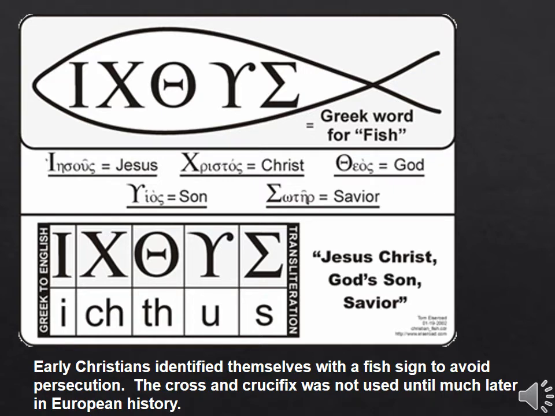And this becomes a way that Christians identify themselves to each other secretly as a part of a secret symbolic language. I thought I'd include it in this lecture because this is a very common and popular image today. You may have seen this as a bumper sticker on the back of cars or on jewelry, so it's a symbol that's still around, even though it's a very old symbol.